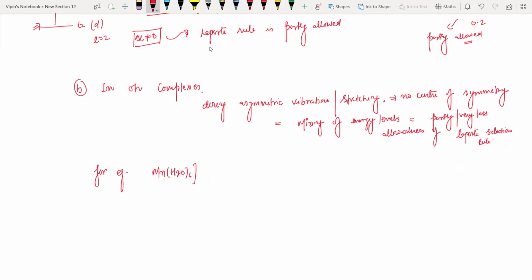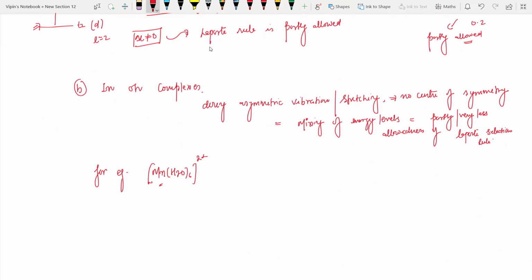[Mn(H2O)6]2+, in this complex, the color of this complex is because of relaxation in Laporte selection rule. When the [Mn(H2O)6]2+ undergoes asymmetric stretching, at that particular moment there will be mixing of energy levels. At that time, there will be excitation of an electron.